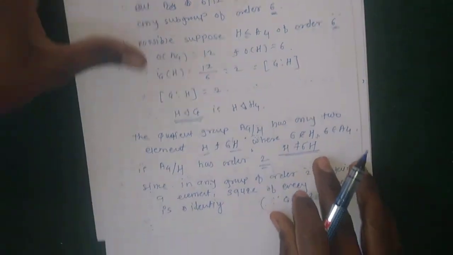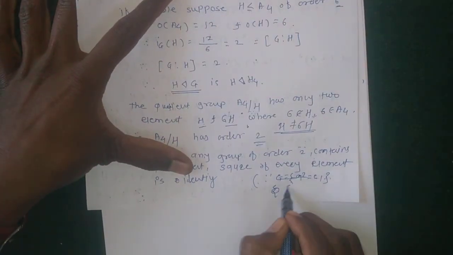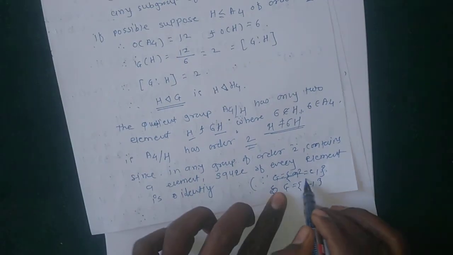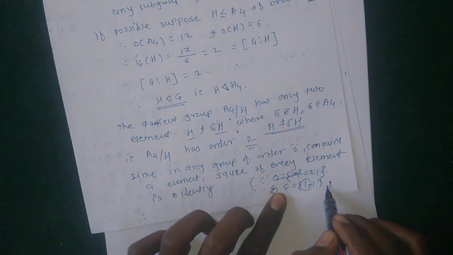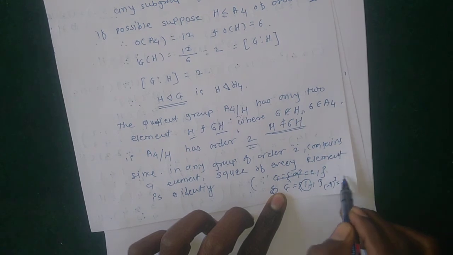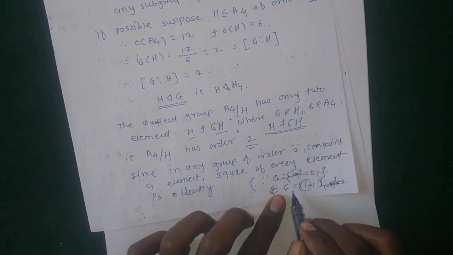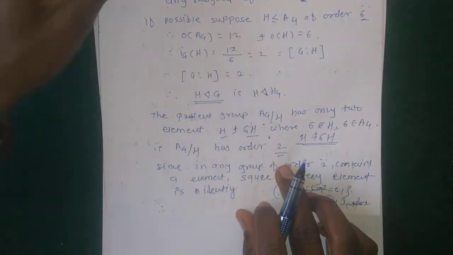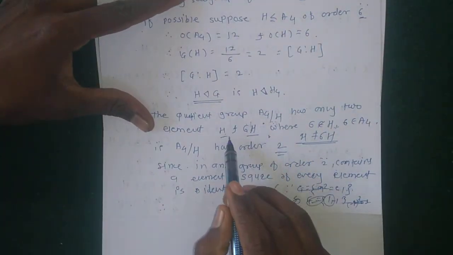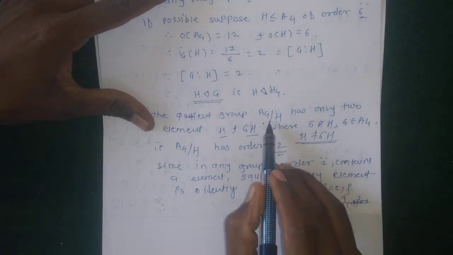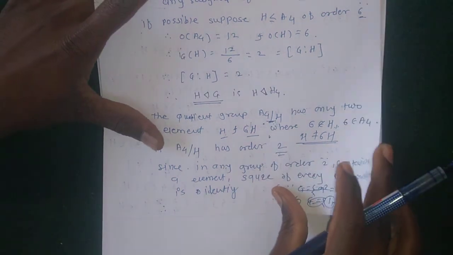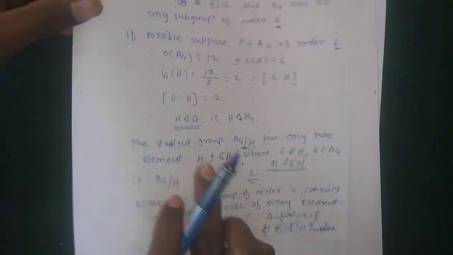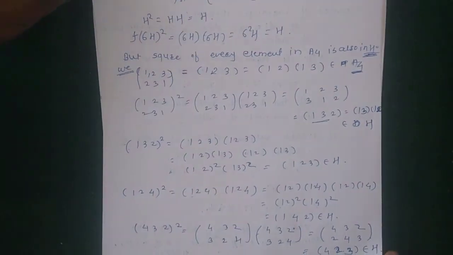we saw in a previous lecture that if G contains only 1 and minus 1, then the square of every element is equal to identity; minus 1 squared is equal to 1, the identity. In a similar way, here the factor group contains 2 elements, which implies that the square of every element is equal to the identity of A4 over H, which is H itself.